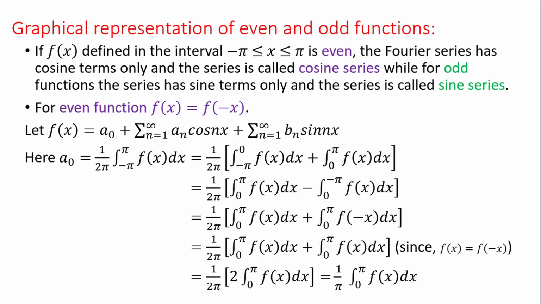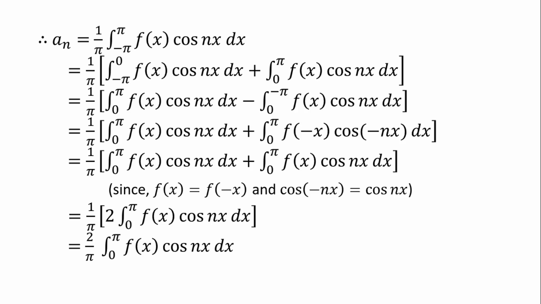But as f(x) equal to f(-x) is equal to f(x), and cos of minus nx equal to cos nx, both are even. So we have f(-x) into cos(-nx) equal to f(x) cos nx. So in this way, in bracket we have 0 to pi f(x) cos nx dx plus 0 to pi f(x) cos nx dx, so 2 into 0 to pi f(x) cos nx dx.